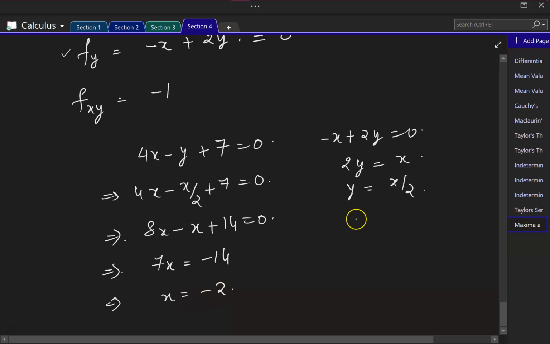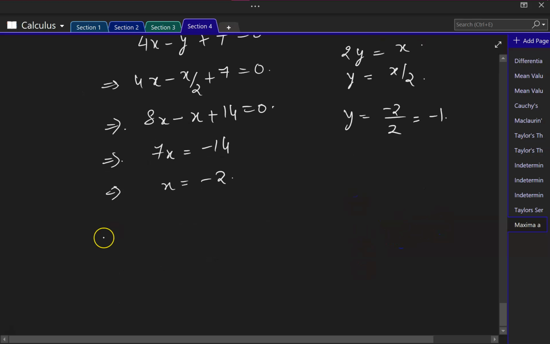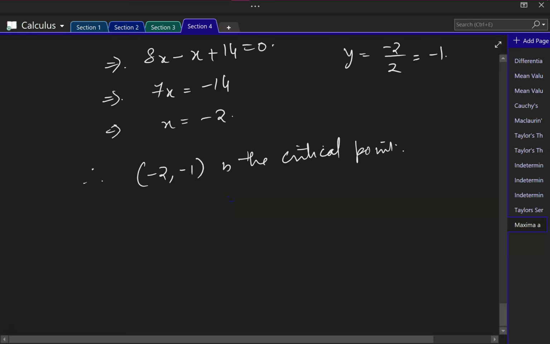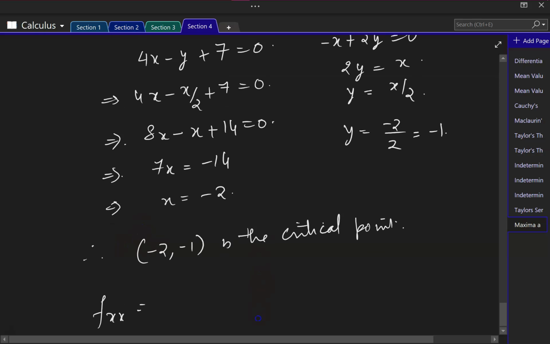This x equal to minus 2, let's put it here. So minus 2 by 2, which is minus 1. So therefore minus 2 comma minus 1 is the critical point. Now the only thing we have to figure out is whether it is a maximum or a minimum. Now fxx would be what?